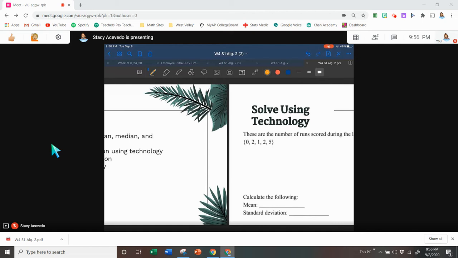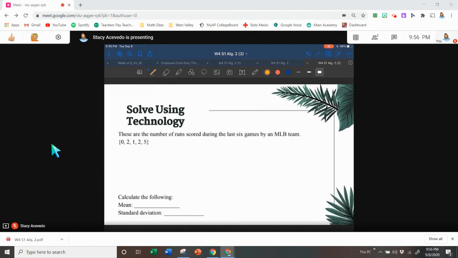All right, so here we go. We're going to start by solving this problem using technology. These are the number of runs scored during the last 6 games by an MLB team. So 0, 2, 1, 2, and 5.